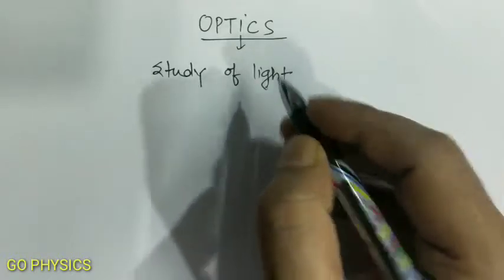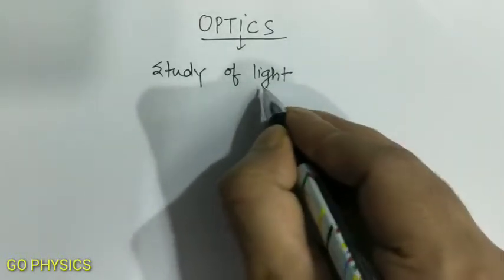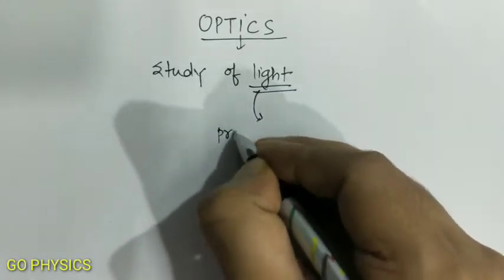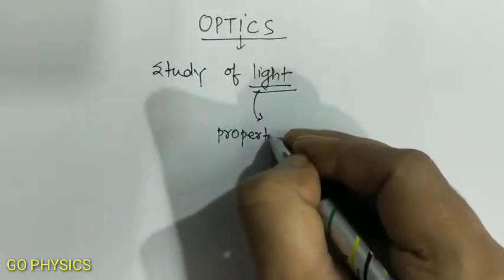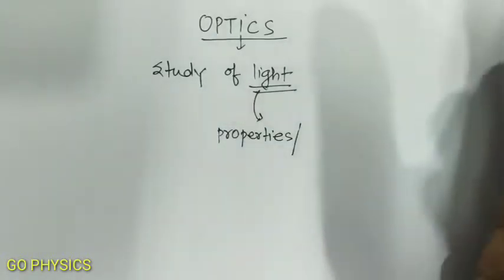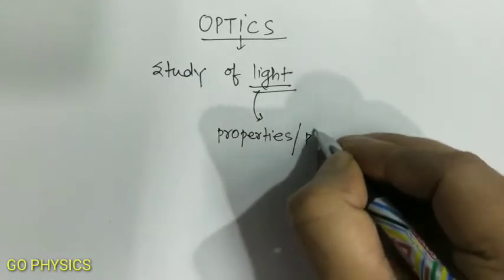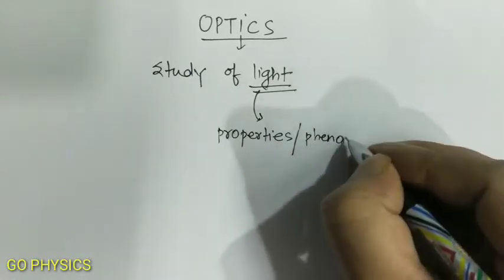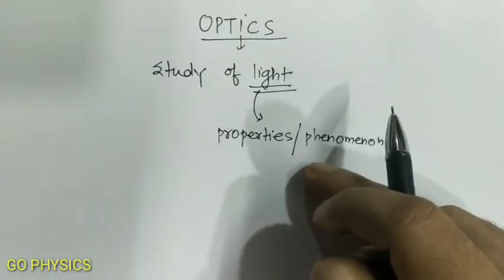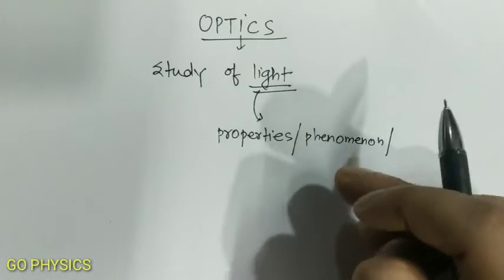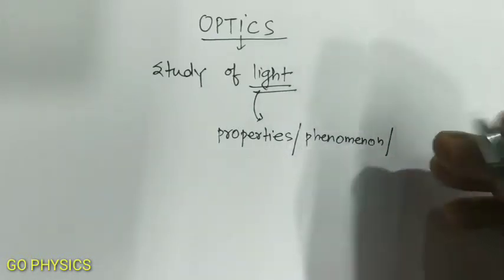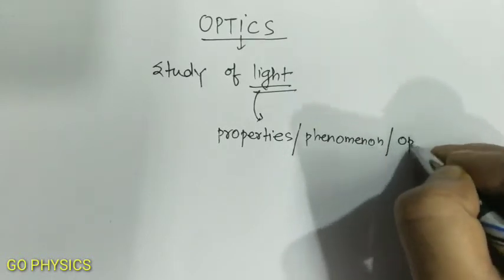And in optics we study the different properties of light, and the associated different phenomena like reflection, refraction, interference, diffraction, polarization, etc., and optical instruments.